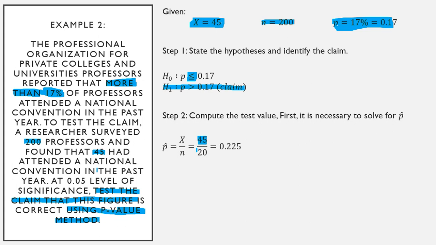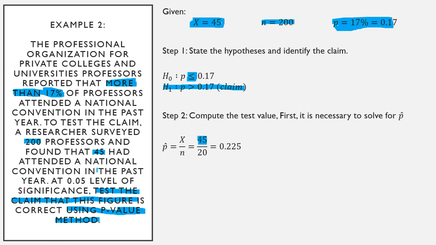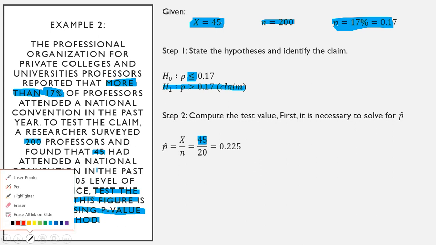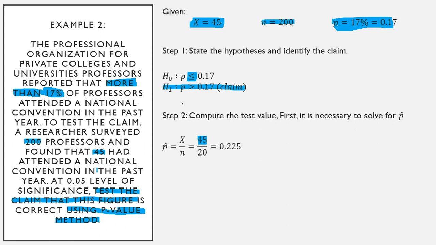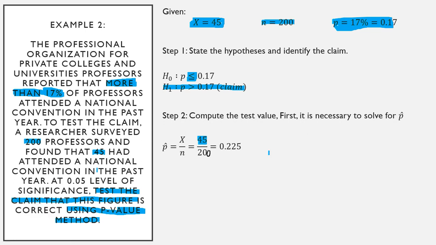45 divided po sa 200. So 200 po yan. Nagkulang lang po ng isang zero. Okay? So this will be 45 divided by 200 and that is equal to 0.225. Okay? So yan po yung magiging sample proportion natin.